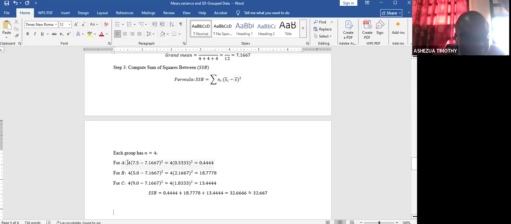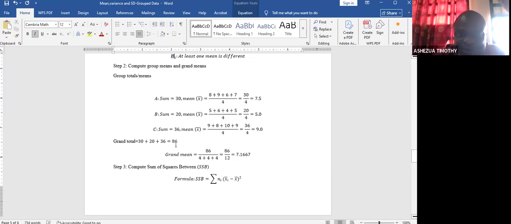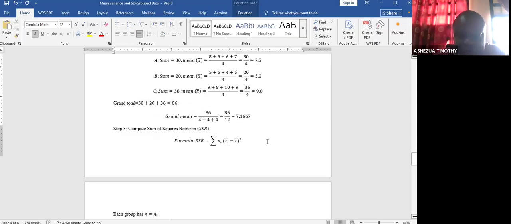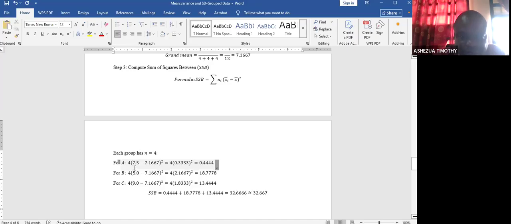For A, what is the mean for A? Let me show you. The mean for A is 7.5. This is the mean for B. This is the mean for C. So, the mean for A is 7.5 minus the grand mean.